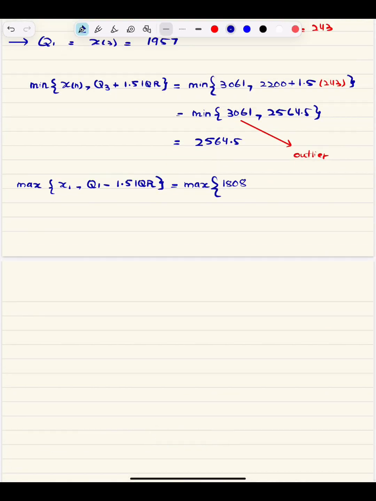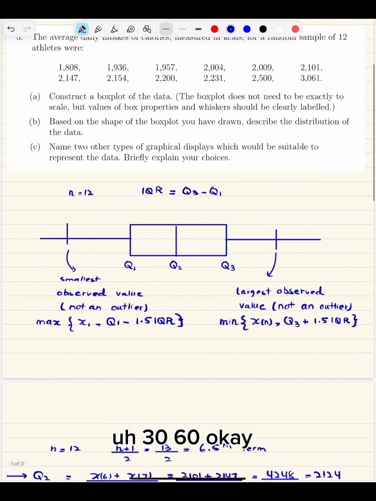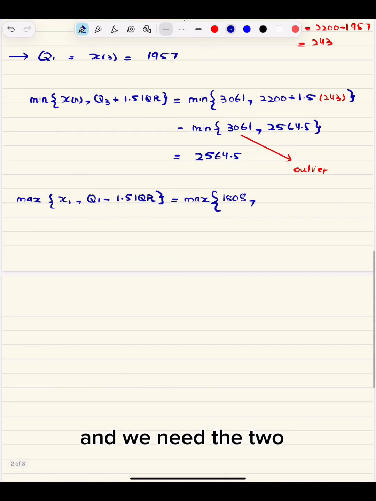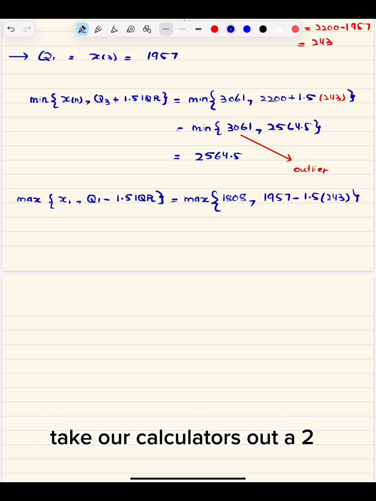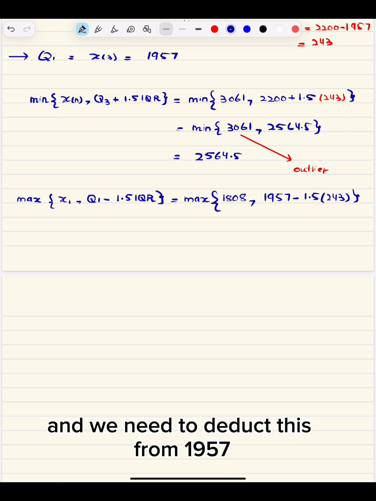And we need the lower quartile minus 1.5 times 243. 243 times 1.5 is 364.5, and we need to deduct this from 1957.